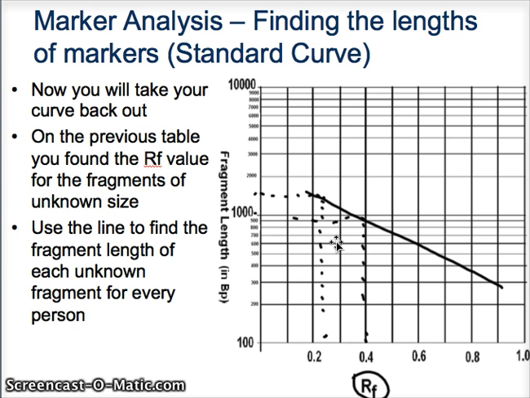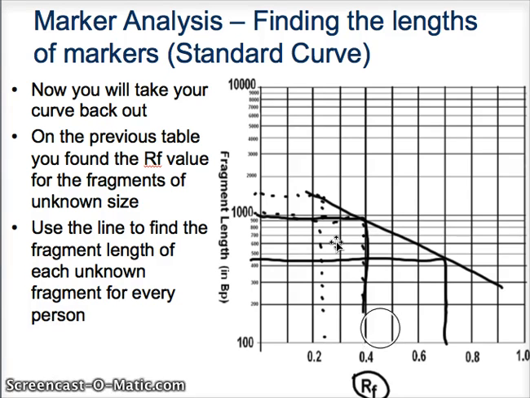If something has an RF value of 0.4, you might have 900. If the RF value is 0.7, the fragment length might be 450. Just do your best to estimate as much as possible.